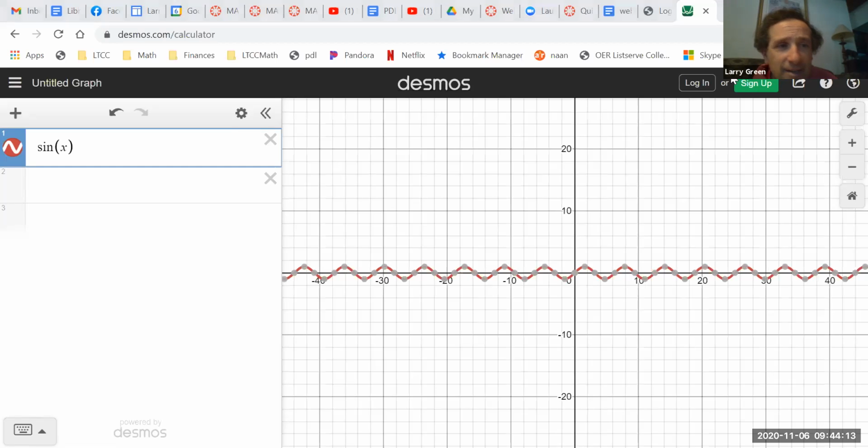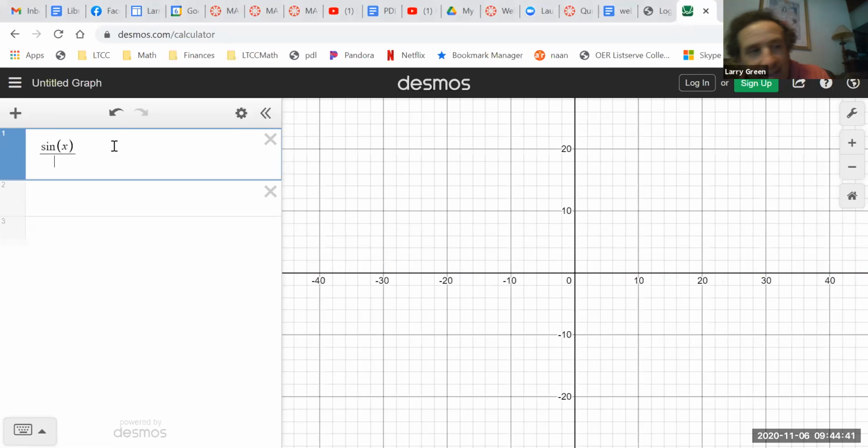On the other hand, what if I did sine of x and I divide it by x? What do you think? Do you think that is going to have a limit as x goes to infinity? What do y'all think? If we divide by x, I'll do it, but I want you to guess first. I think that will have a limit as x goes to infinity or negative infinity. Okay, so yes, let's see.